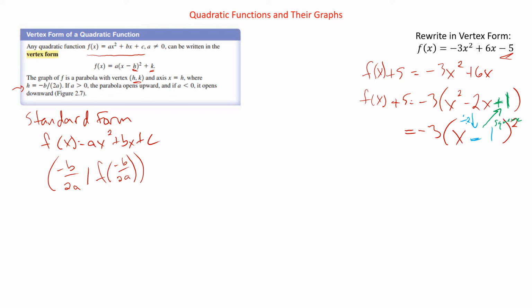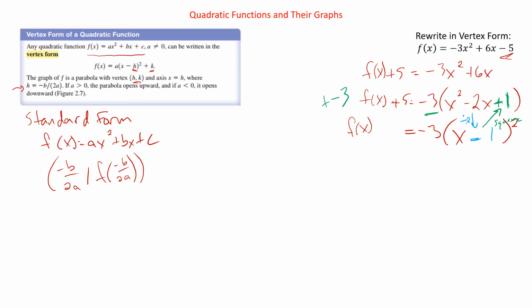The problem, though, here is that we didn't just add 1. We added 1 times that negative 3. So we actually added negative 3 to this side of the equation, which means we need to add negative 3 to that side of the equation as well, which is not going to change the f of x.